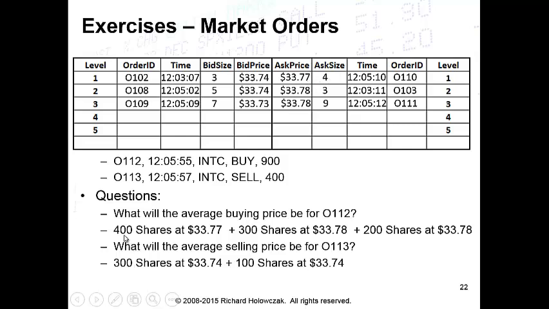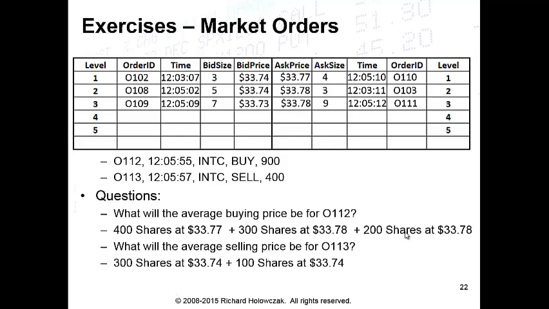And so that's going to be the first part of the fill, 400 shares at 33.77. Okay, but again, we're demanding 900 shares, so the order is going to continue on. It's then going to get 300 shares at 33.78. Okay, but the order's not done. It will continue on to the next level in the book, where it will get 200 remaining shares for 33.78.